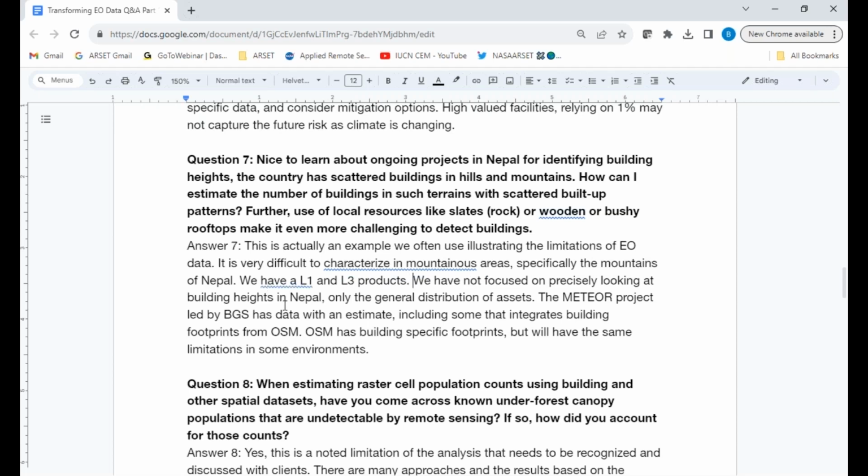If you're trying to get specific buildings, you can't beat the human eye and high resolution data. And that's actually what was done by OSM, given the magnitude of the risk in Nepal. I think they've had their crowdsourcing engine digitize every building footprint, and that's a very good guess.